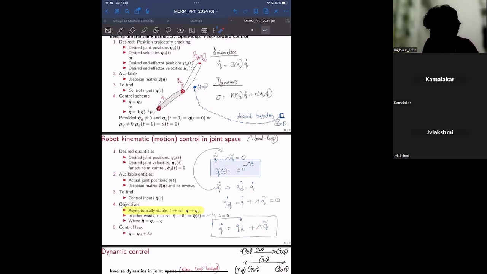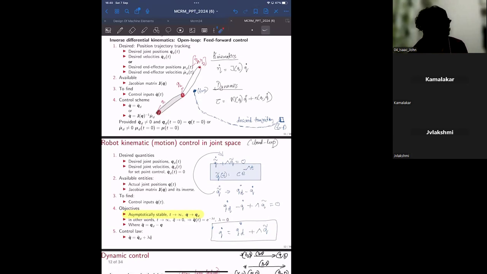Yeah. So if you give this control law to these actuators, you can pretty much guarantee that as time tends to infinity, this error q tilde will tend to 0. So that is pretty much the case for this open loop scheme and closed loop scheme.